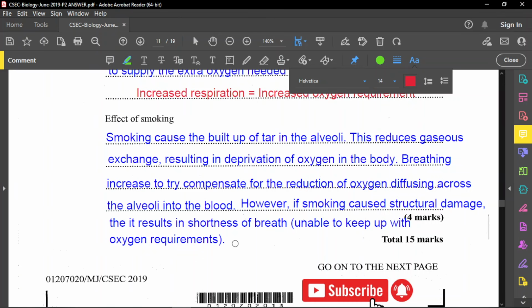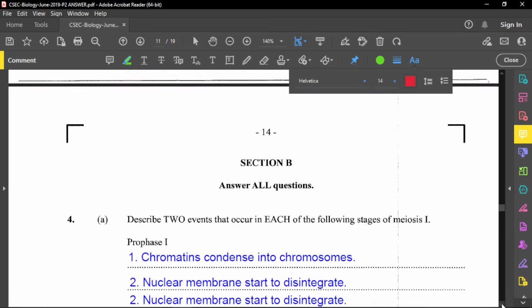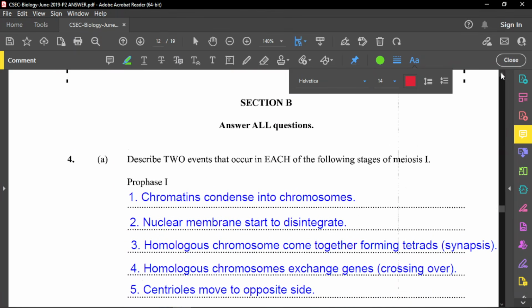You have a lot of carbon dioxide staying in the blood just the same, and so the body becomes deprived and struggles to send oxygen across from the alveoli into the bloodstream. All right, and so even your brain becomes affected because it has less oxygen, and then you can also faint or pass out.